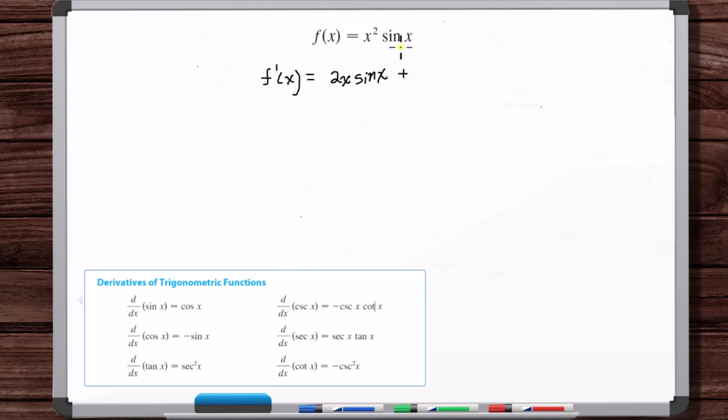What is the derivative of sine x? Well, we can reference the table, but you should probably memorize that. The derivative of sine of x is cosine of x times the second, x squared. So we'll have x squared cosine x. And that's it.